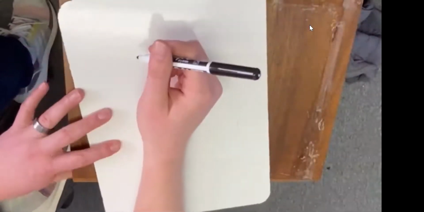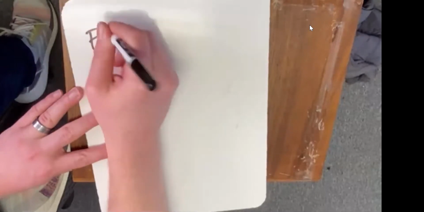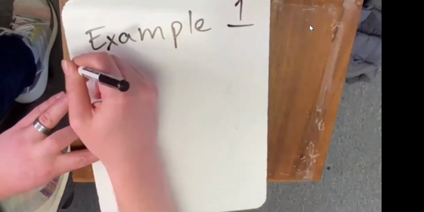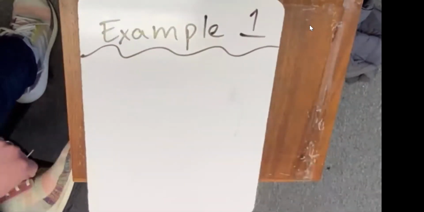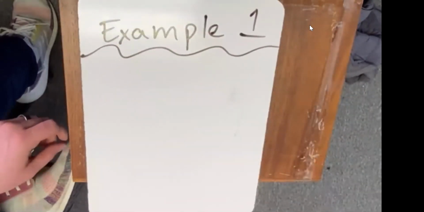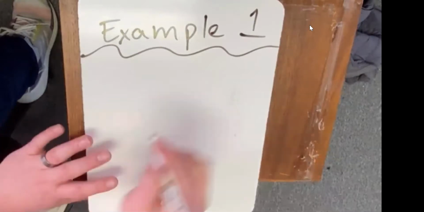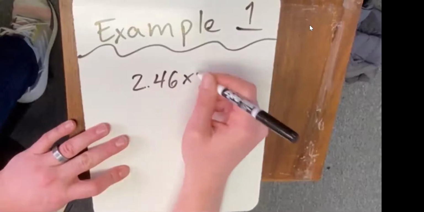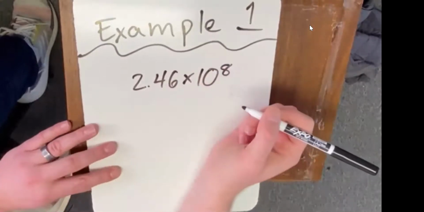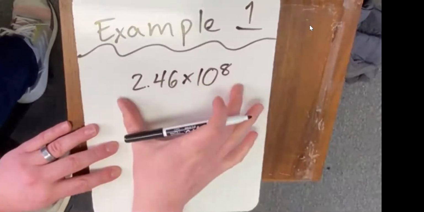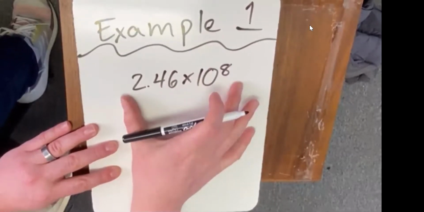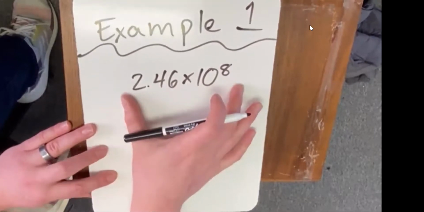All right, so let's try example 1. Example 1, page 351. Write 2.46 times 10 to the 8 in standard form. Right now, this number is in scientific notation, and the question says, put it in standard form.